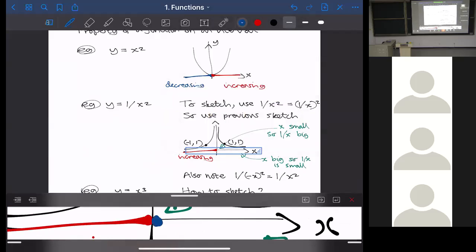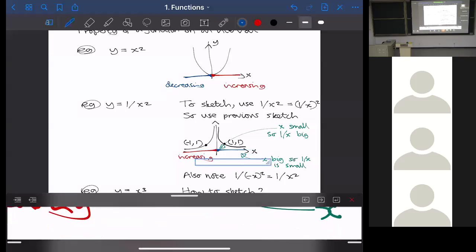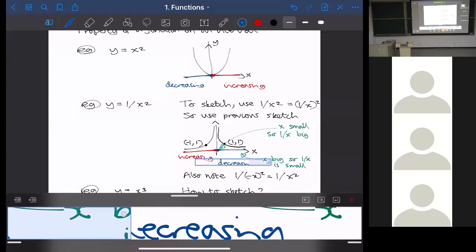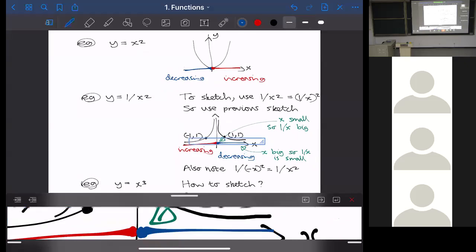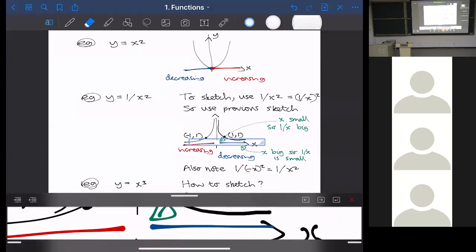And for positive real numbers, it's decreasing. Oh, so I should be careful the way I've drawn it here. So I'm going to write open circles here.